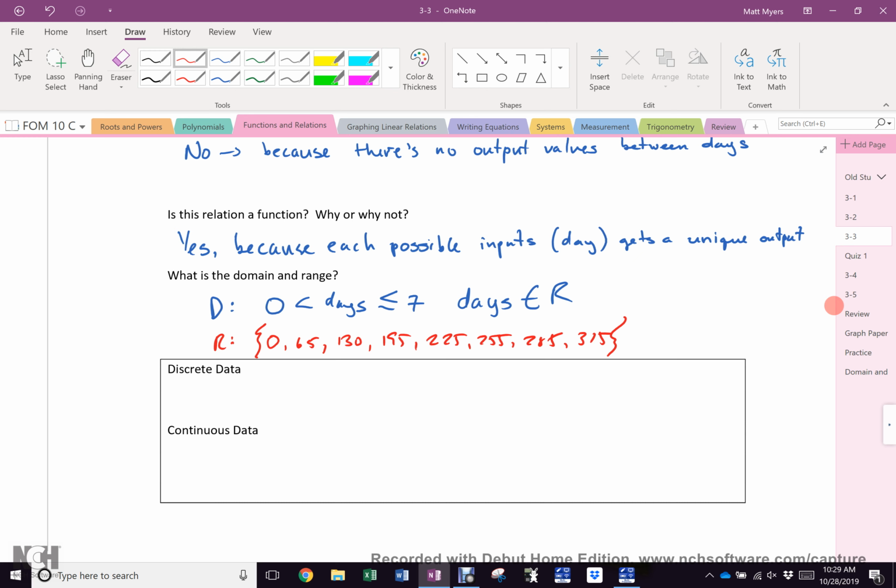No. Emma, why? Because height is quantitative, right? Everybody understand? Okay. 6'1".